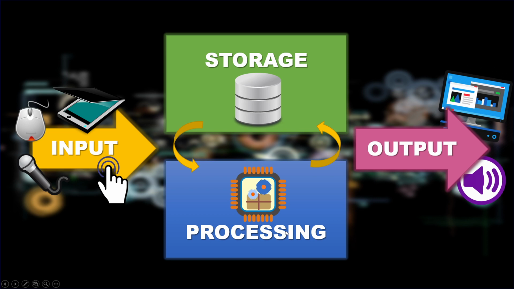And then finally, once you've done this, maybe you'll store some results and do some more processing, and then eventually you're going to display some kind of output. Maybe that's something on the screen. Maybe it's a sound. But output that will tell the user something, and then we can go back and do more, like maybe more inputs, more storage processing. This model is the IOSP model, and it's a very general model for how computers and software works. You can even think of your functions and procedures working this way too.